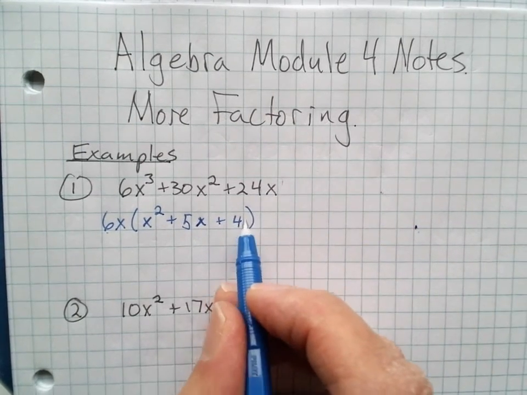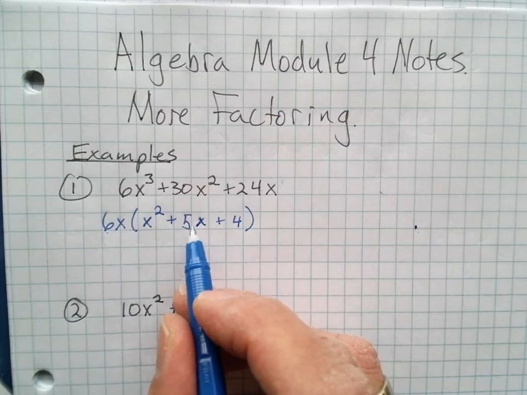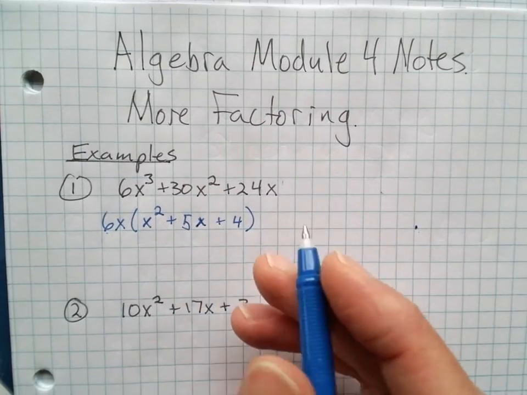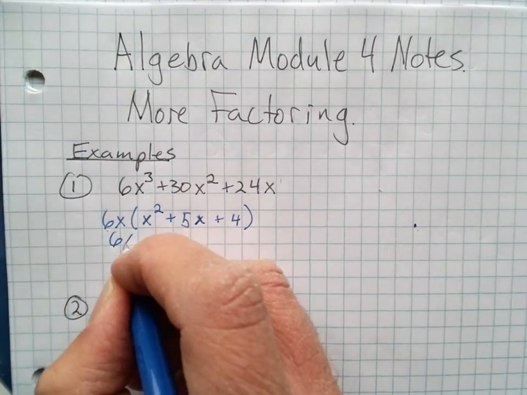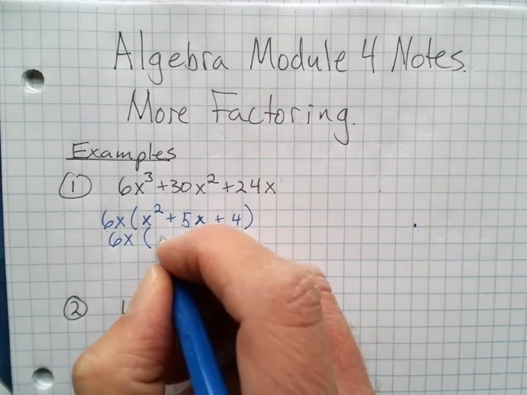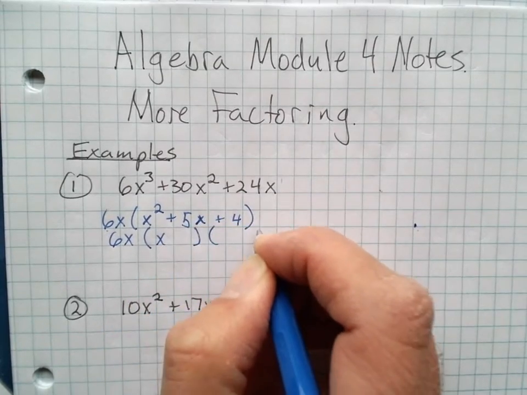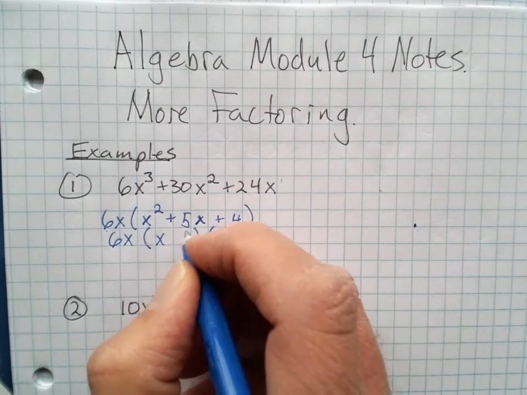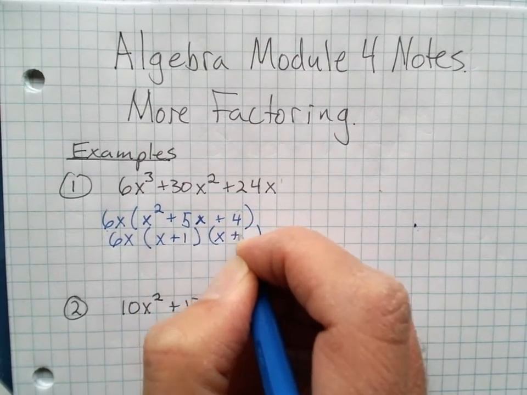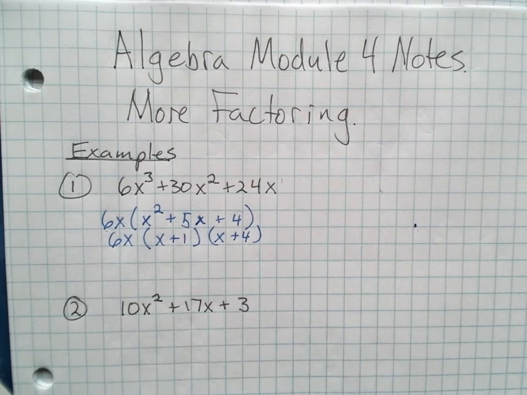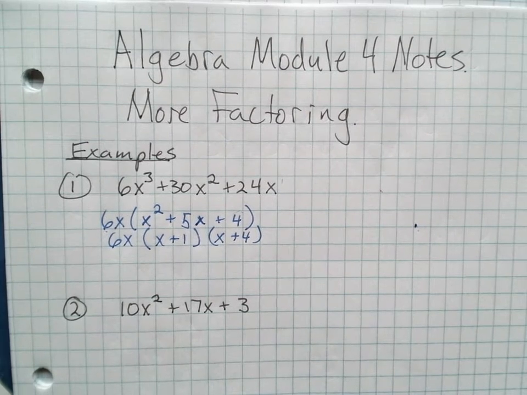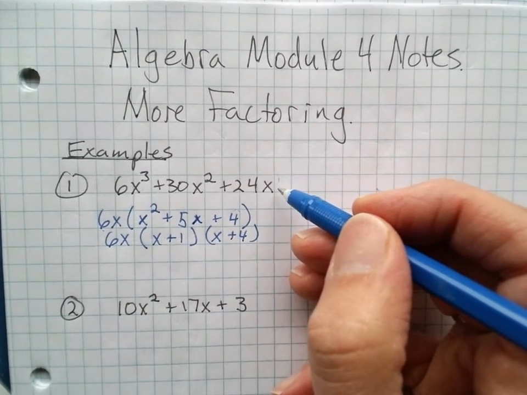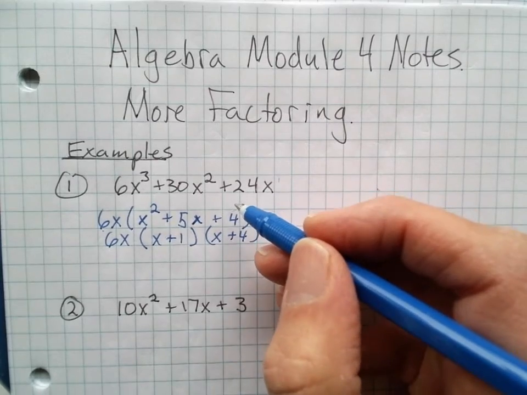So we're looking at factors of 4 that add up to 5. Well, that's just 4 and 1. So 6x, and then remember this, we immediately go this route. Factors of 4 that add up to 5 is just that guy right there. And so what appears to be a bigger problem, you just take it bit by bit.